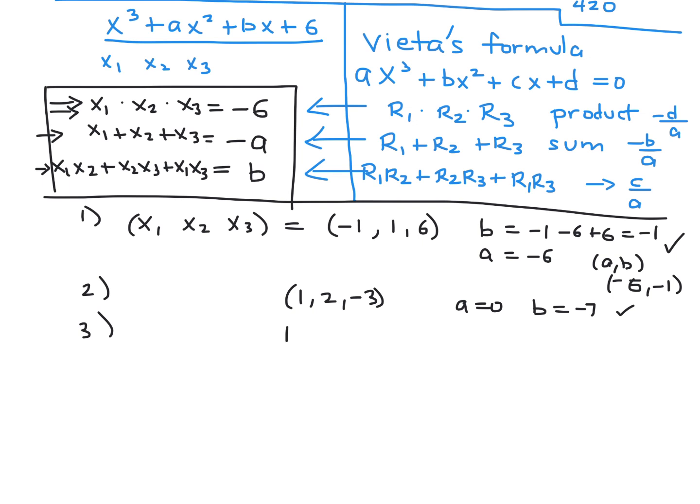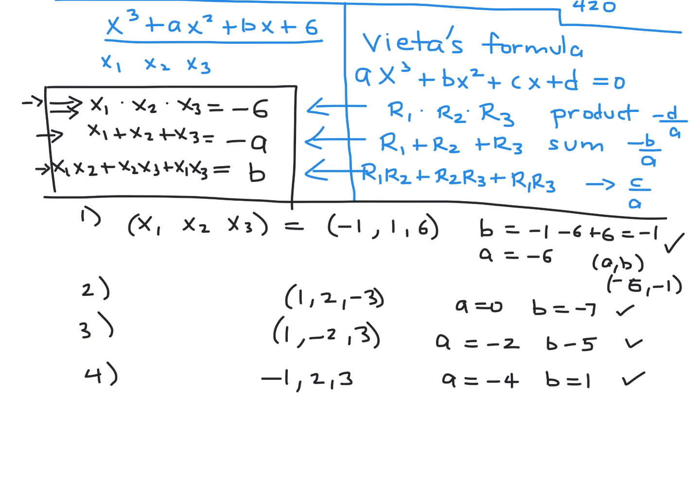Next one, 1, negative 2, and 3. That would also make the first equation valid. And when you calculate a and b, you get a equal to minus 2 and b equal to minus 5. And that also matches our criteria. The next one is negative 1, 2, and 3. When you calculate a and b there, you get minus 4 for a and b equal to 1. That also matches our criteria.